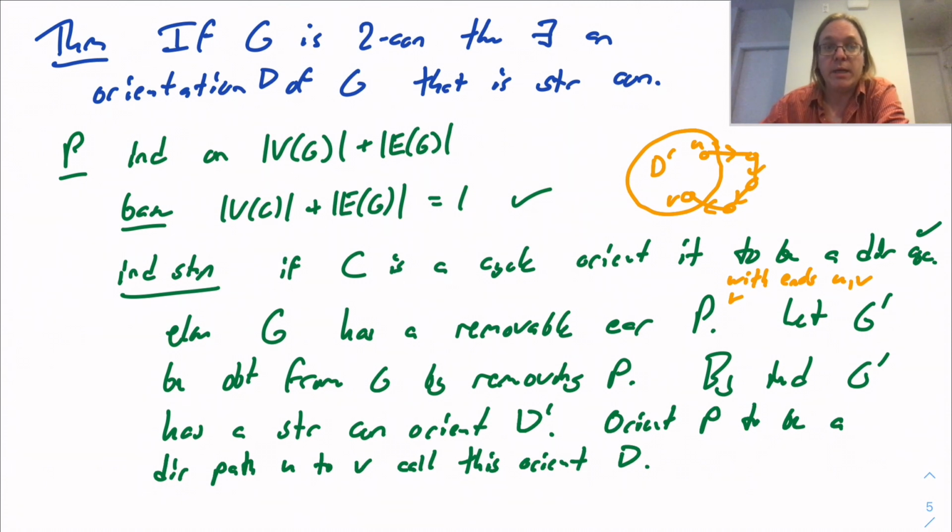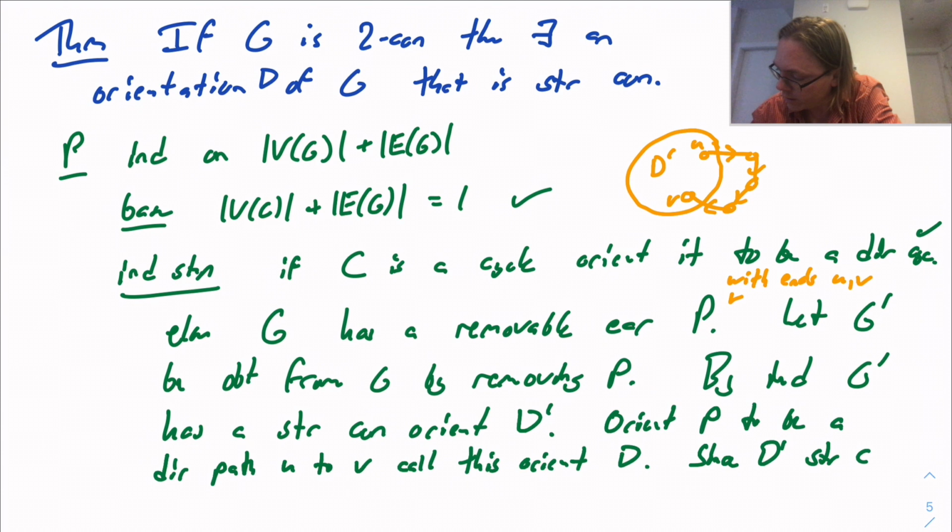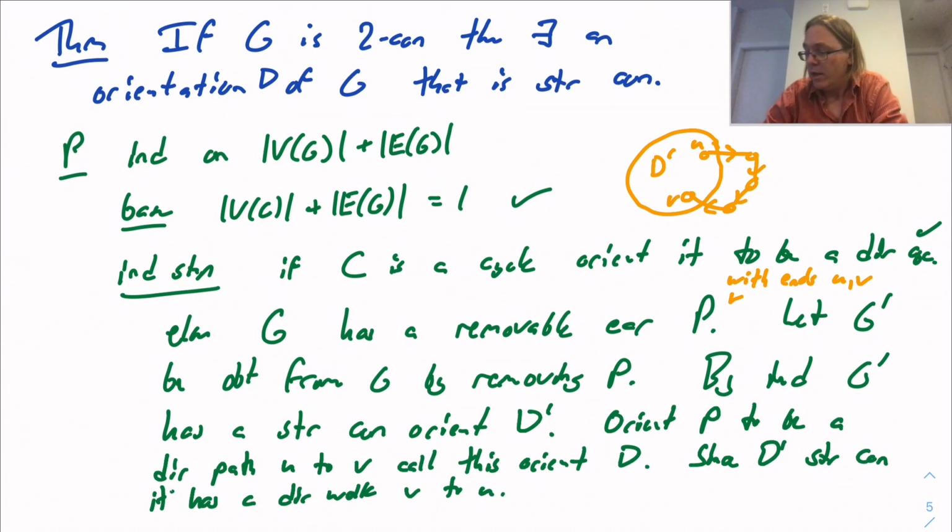My digraph D prime is strongly connected. So since D prime is strongly connected, it has a directed walk from V to U. Now, the presence of this directed walk from V to U means that all the vertices in my whole path P have got to be in the same strong component of D. Why?